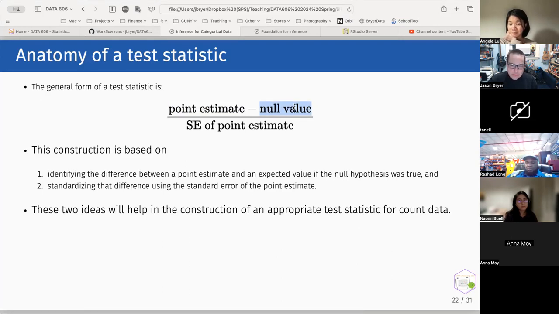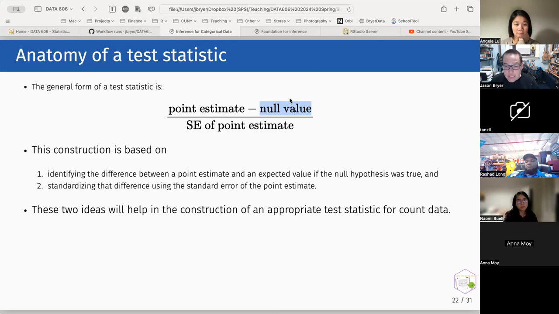I'm looking for something different than 0. As we go through, and particularly next week, we're going to see the null value is often 0. In the case of our Duke proportions in the global warming example, our null value would be 0, where our null is that there's no difference between Duke's perception and American perceptions.